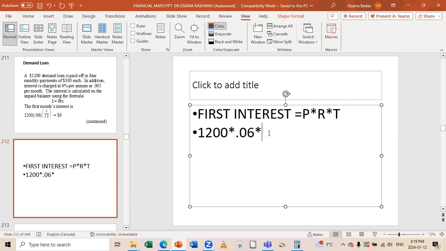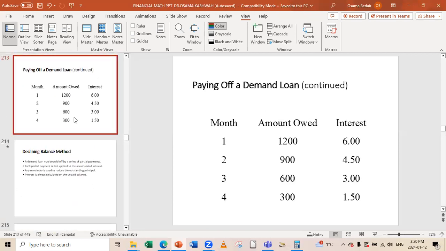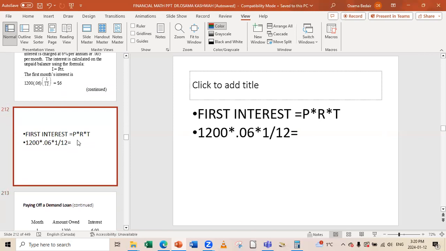The time period is 1 month, divided by 12. When you calculate it by hand, that will come to $6. So the interest of this month will be $6.